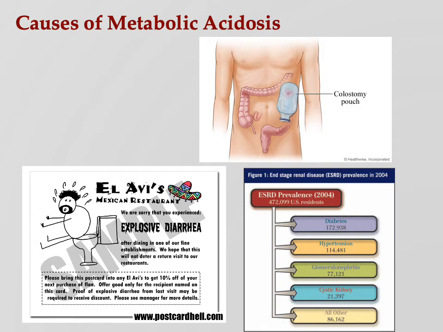So causes of metabolic acidosis. Now we're again talking about things that are causing you to have too much acid, but it's a metabolic cause, not respiratory. What if you lose too much bicarb? Who might do that? Severe or chronic diarrhea. So you're constantly losing both fluid and electrolytes, and a lot of people with chronic diarrhea will drink fluids, but you've also got to get the electrolytes back, okay?